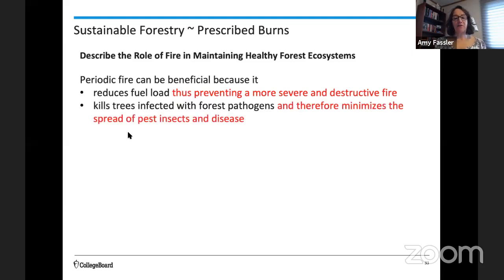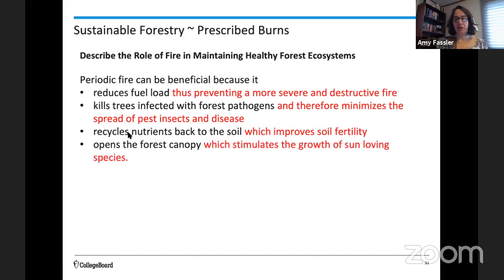Periodic fire can be beneficial because it kills trees infected with pathogens. But I've got to make sure that I describe why killing trees is beneficial. Well, I can prevent it from spreading to other trees. It recycles nutrients back into the soil, which improves soil fertility. It opens the forest canopy, which stimulates the growth of new species that like sun.